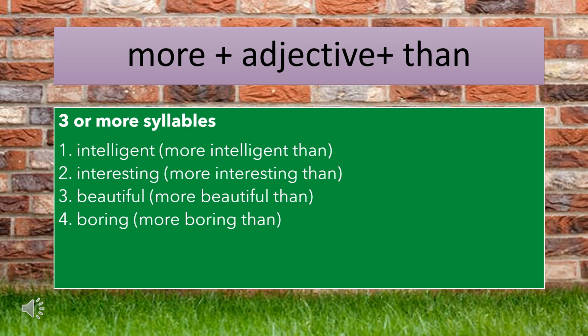So we have to change the formula to more intelligent than. Interesting, more interesting than. Beautiful, three syllables, more beautiful than. Boring is a special case. For feelings, we cannot add er, not boringer, but we have to say more boring than.